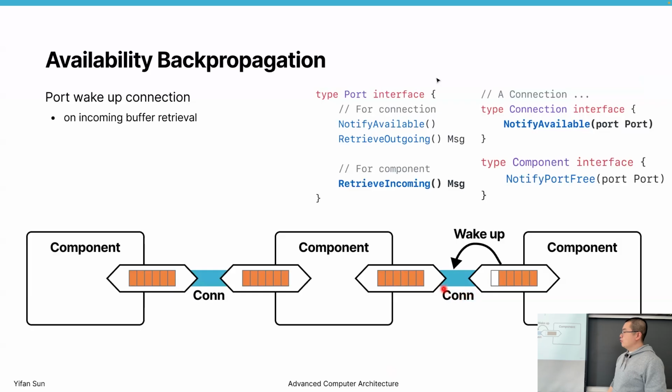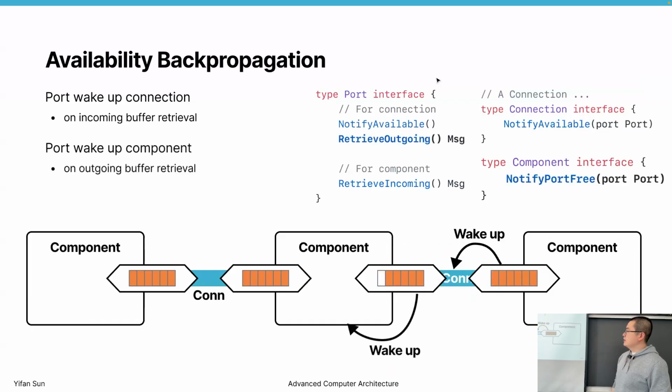So this connection will start to tick again and try to pull request messages from this buffer into this buffer. So this connection will move our data here, and will actually call retrieve outgoing message.